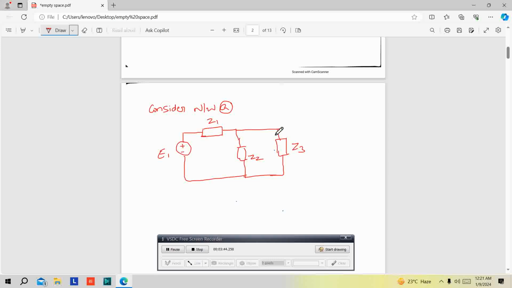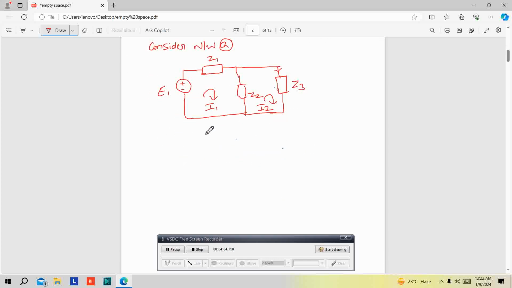I want to calculate the current passing through Z3. I'm going to consider the current in the first loop as I1 and the current in the second loop as I2. I want to calculate the I2 current because I2 is passing through Z3.